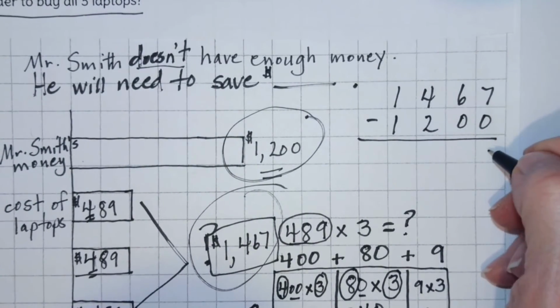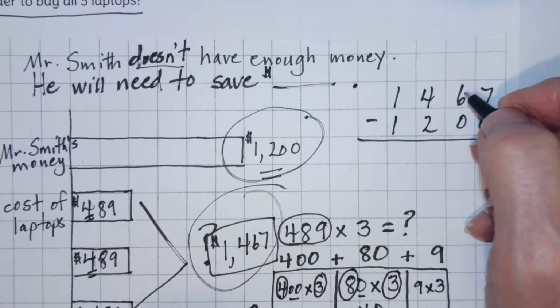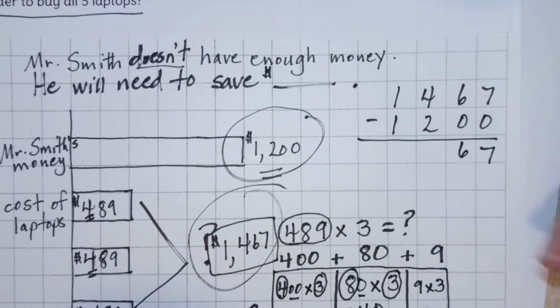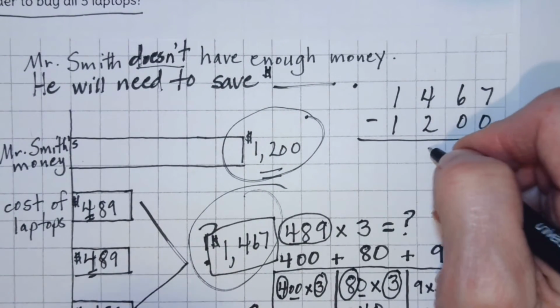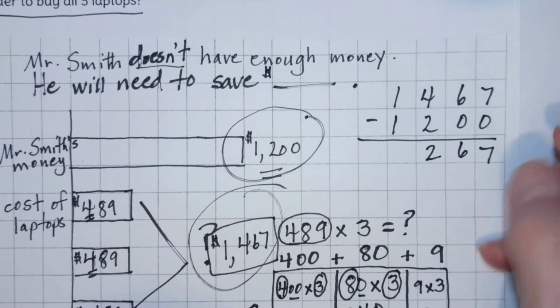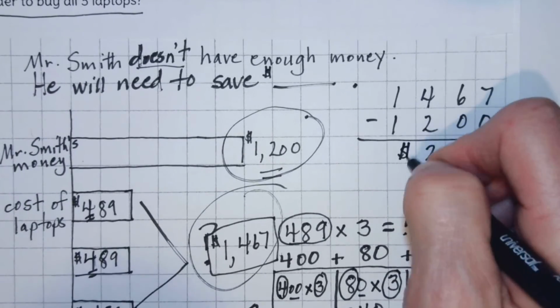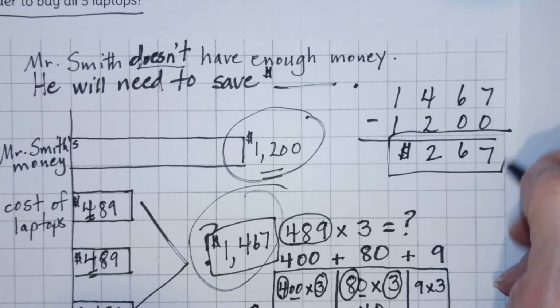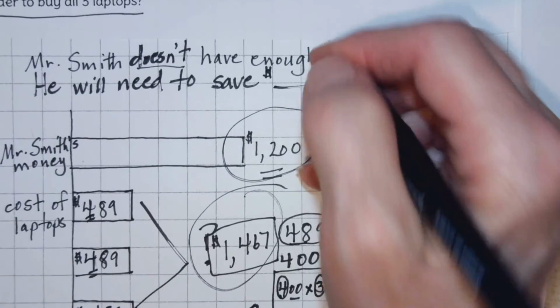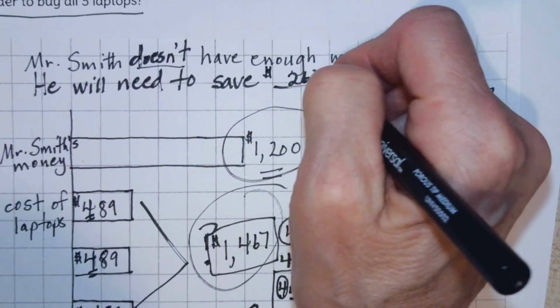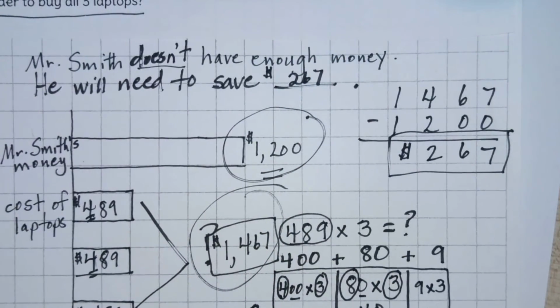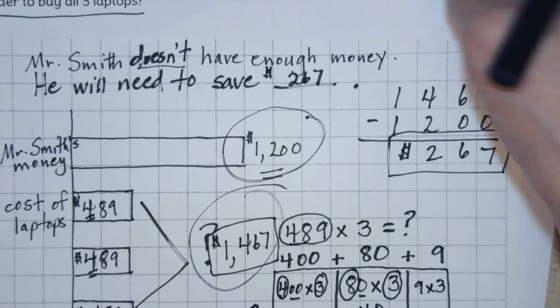So 7 minus 0 is 7. 6 minus 0 is 6. 4 minus 2 is 2, and there's nothing here. So he's going to need 267 more dollars.